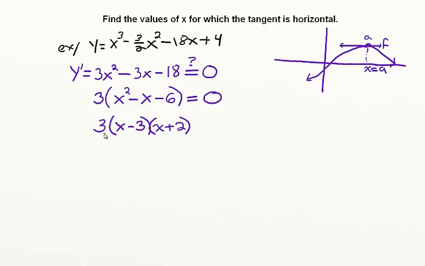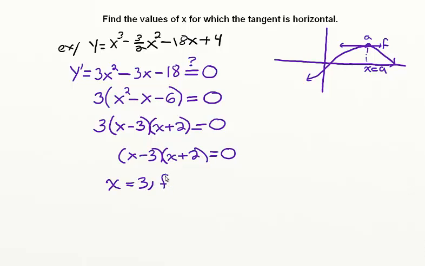Now, 3 is always positive, right? So we can just, in fact, divide by 3, 0 divided by 3 is still 0. And we want to see where x minus 3 times x plus 2 is equal to 0. And so that's going to give us an x value of 3 and an x value of negative 2.